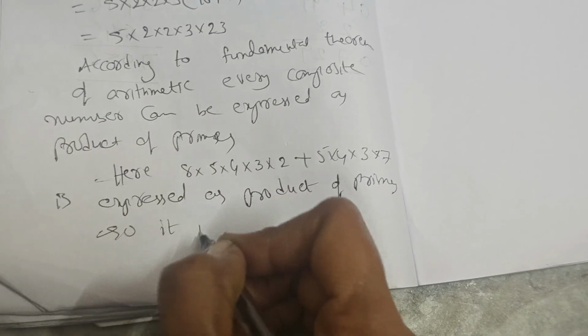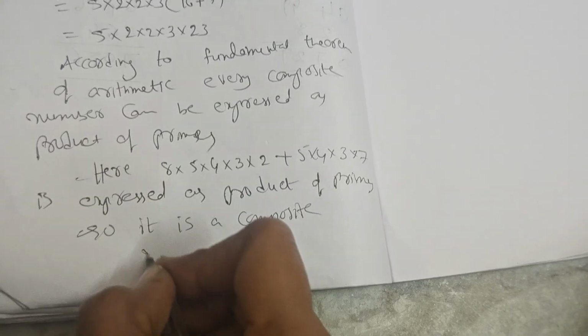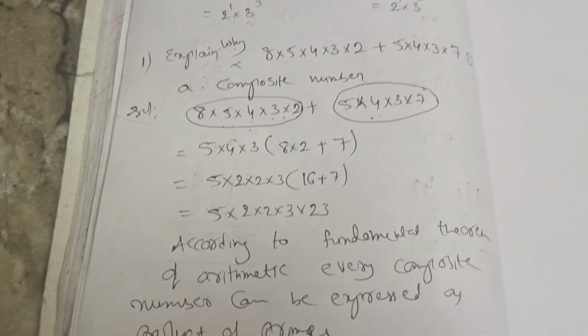So it is a composite number. Did you understand what I told? You can do normal multiplication and addition, and after that we can do the prime factorization.